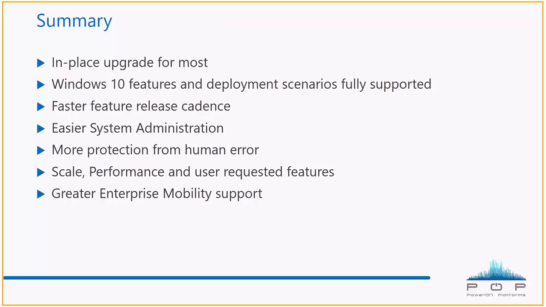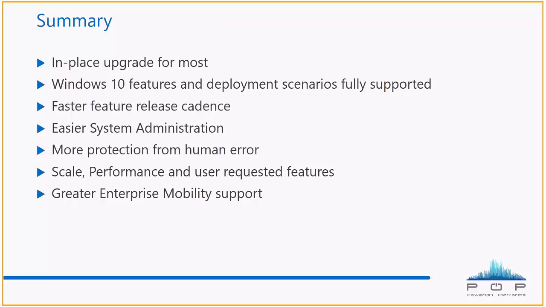The Windows 10 features on all the deployment scenarios that are currently available are now fully supported, so doing all these servicing rings, deciding when and where, what feature releases you want to do with deployments, and deployment deferments are now there, keeping those new features as they become available fresh within Config Manager and supportable. It's also that protection and that limiting of the human error element as well.